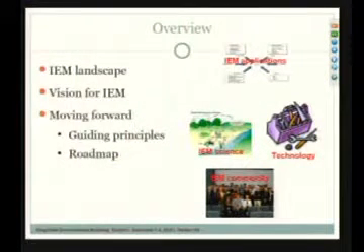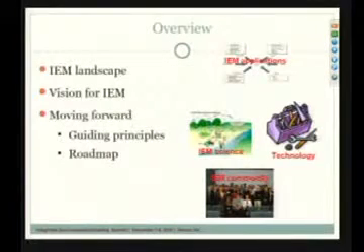And that vision and the roadmap is basically organized around 4 domains of integrated environmental modeling. The area of applications, the science, the technology, and the community of practice you need to make it all move forward.